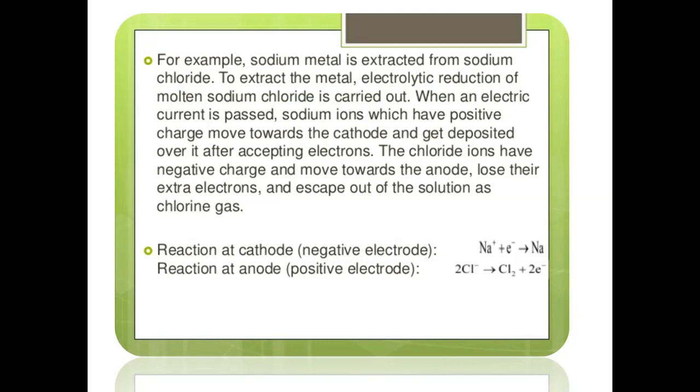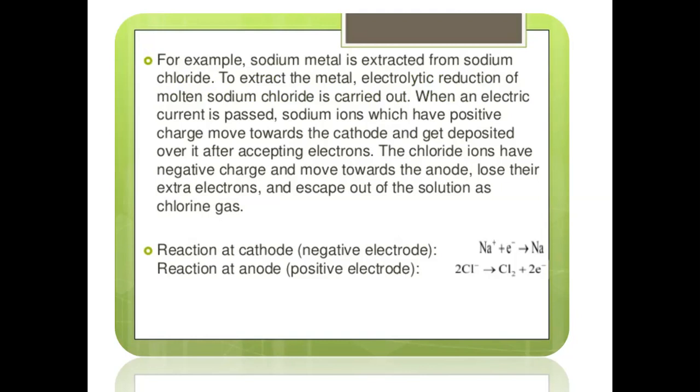So at cathode, students, always reduction occurs, and at anode always oxidation occurs. So first of all, loss of electron will occur at anode. Out of sodium ions and Cl negative ions, Cl negative ions have extra charge, so they will lose electrons in the solution, and these electrons are carried by the sodium ions at the cathode rod.